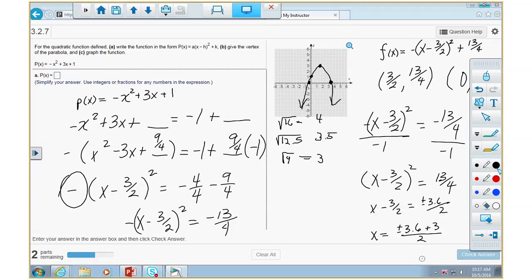What's 6.6 divided by 2? 3.3, which is not going to mess us up that bad. And negative 3.6 plus 3 is negative 0.6. 0.6 divided by 2 is point what? So that's not going to mess us up.